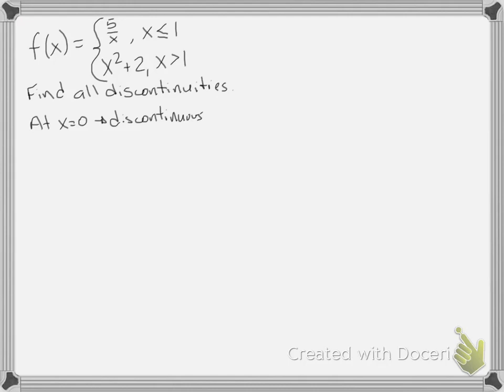So we do what we normally do with vertical asymptotes, which is look at the limit as x approaches 0 and see if that's going to be infinity or if that's going to be a number. If I look at the limit as x approaches 0 of the function I'm looking at right now, which is 5 over x, to evaluate that limit, we look at the y value at x equaling 0.